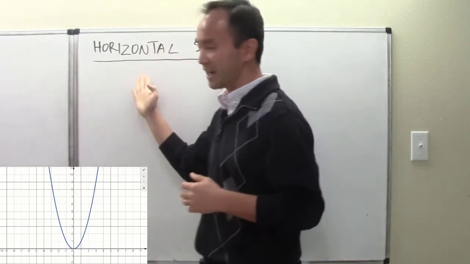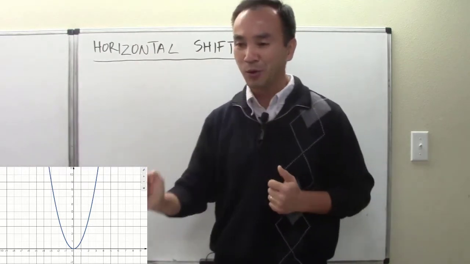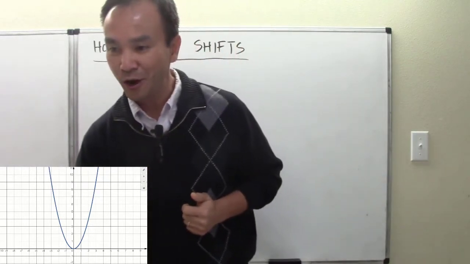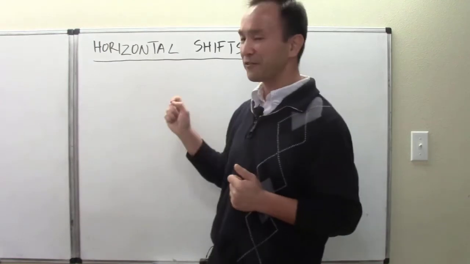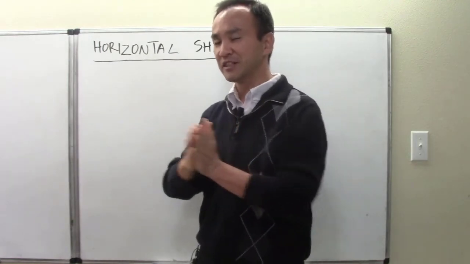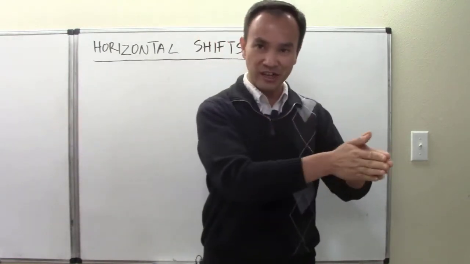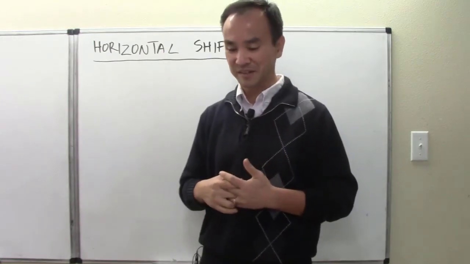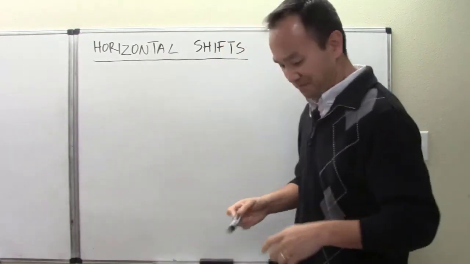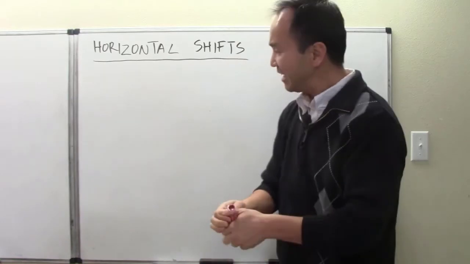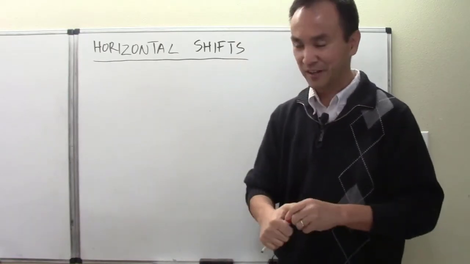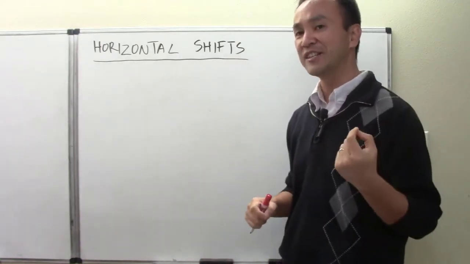Right now, specifically, we want to find out what causes the graph of a function to be shifted to the right or to be shifted to the left. That's what horizontal shifts mean. So let me introduce a parent function, and then from that parent function, I'm going to introduce a descendant function.